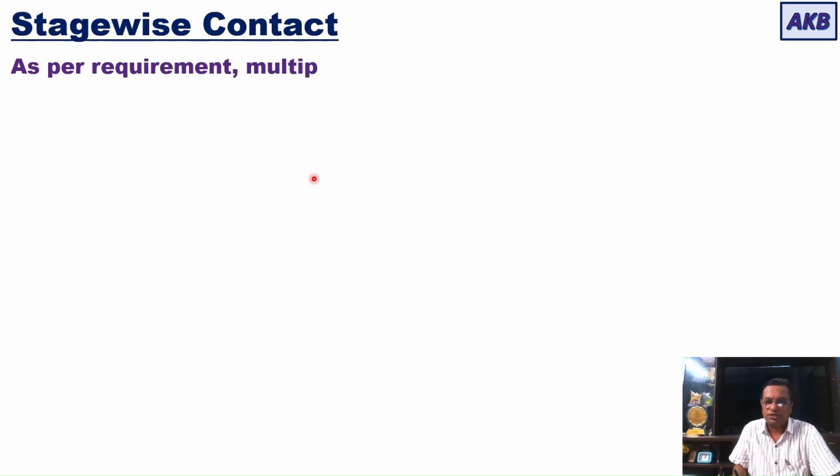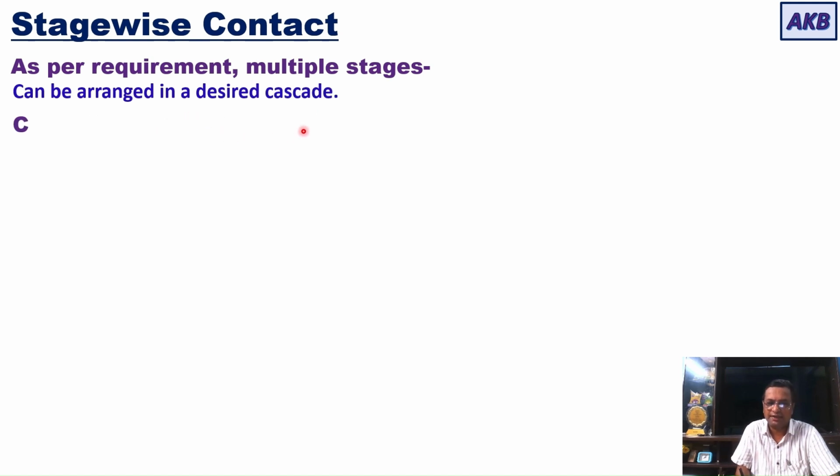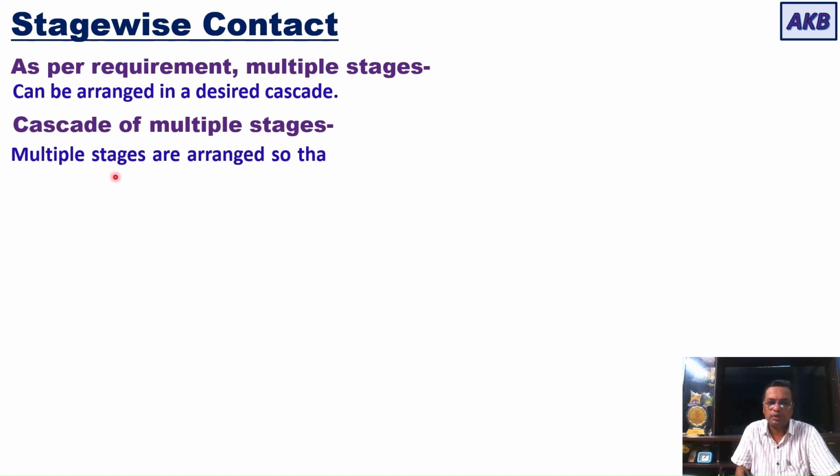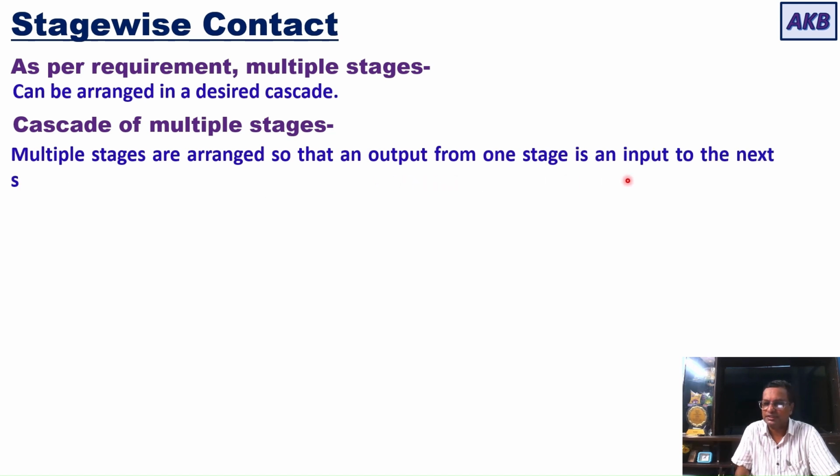Now, as per requirement, you can use multiple stages. These multiple stages can be arranged in a desired cascade. It is nothing but an arrangement where multiple stages are arranged so that an output from one stage is an input to the next stage.